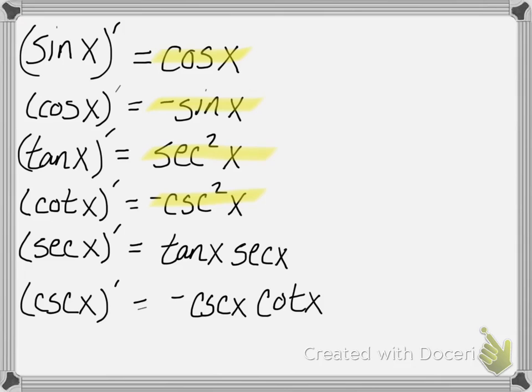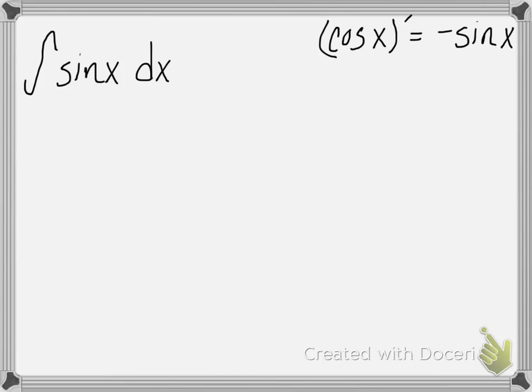The derivative of secant x is secant x tangent x, and the derivative of cosecant x is negative cosecant x cotangent x.